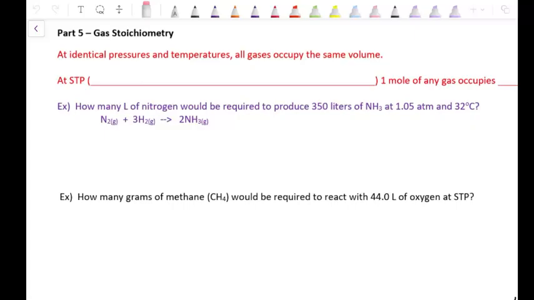So another way of saying this is that at STP, which stands for standard temperature and pressure, in standard temperature we use 0 degrees Celsius or 273 kelvins.